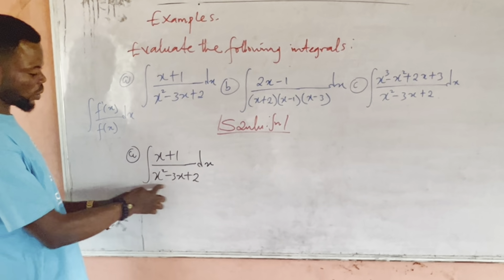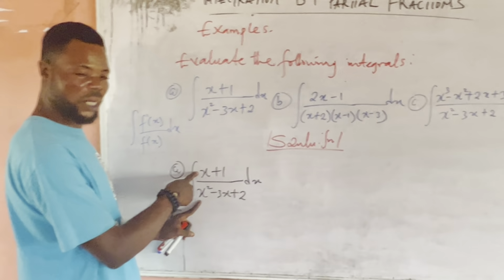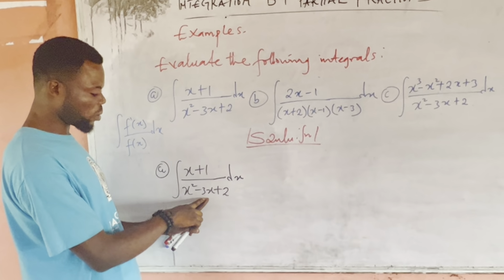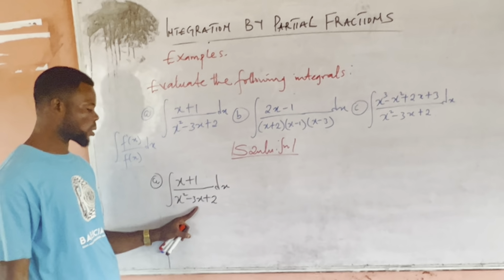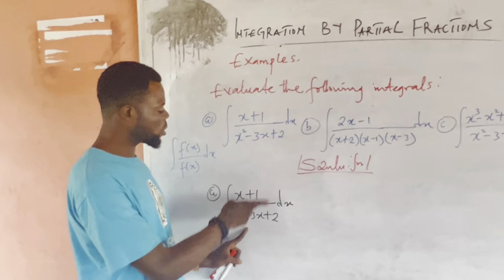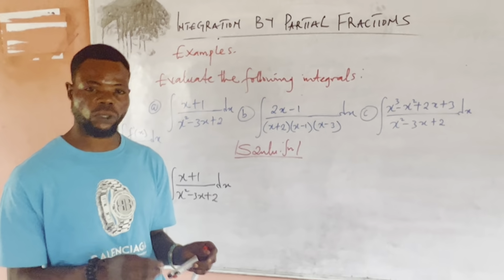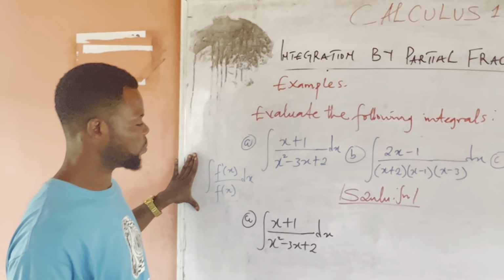If we differentiate this, we are going to have 2x. If we differentiate this, we are going to have minus 3. But what is here is plus 1. Therefore, the derivative of the denominator is not equal to the numerator. Therefore, we cannot use the standard form of this.